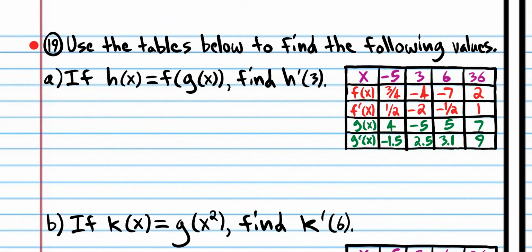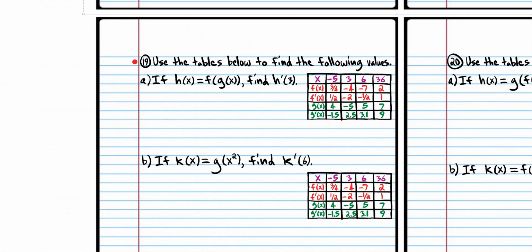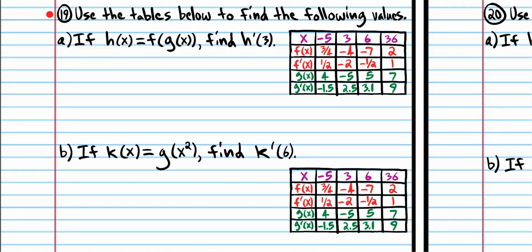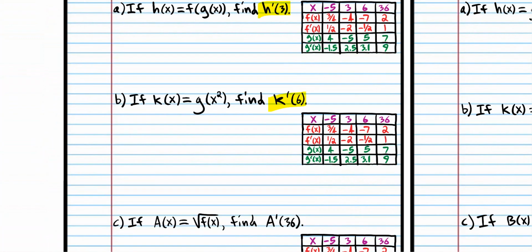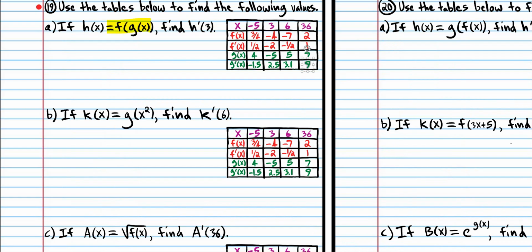So it says, use the tables below to find the following values. And the values we're going to be finding are these values here. And we're going to be finding those values given these conditions.